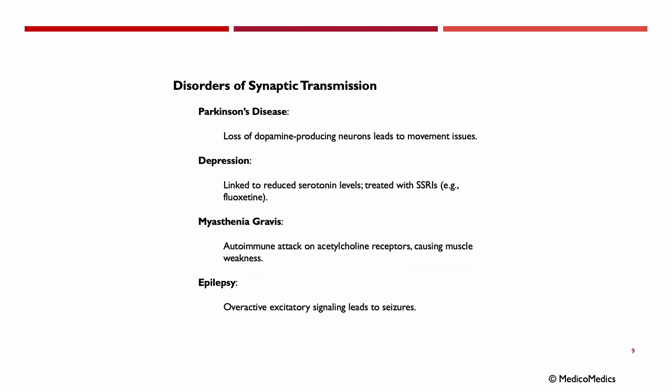And lastly, we have epilepsy, which is overactive excitatory signaling leading to seizures. Epilepsy is a neurological disorder characterized by recurrent seizures due to excessive and uncontrolled excitatory signaling in the brain.